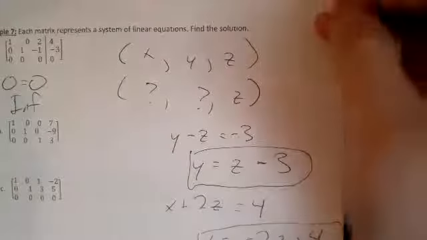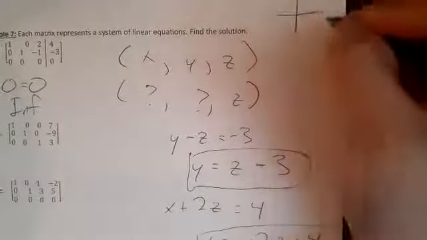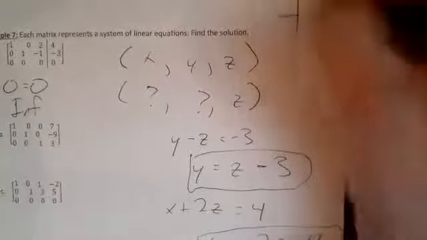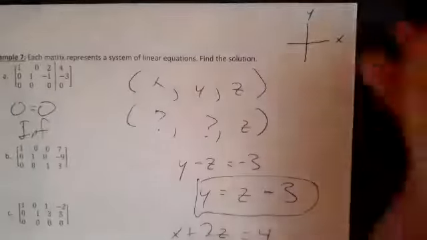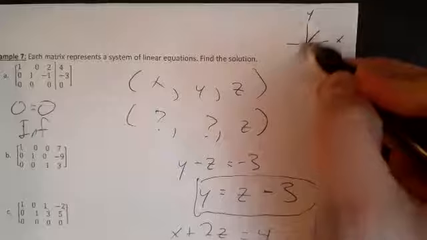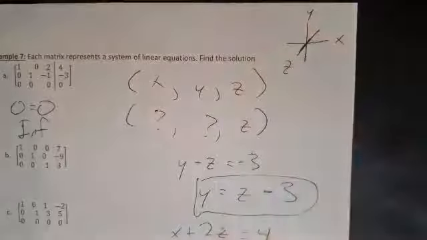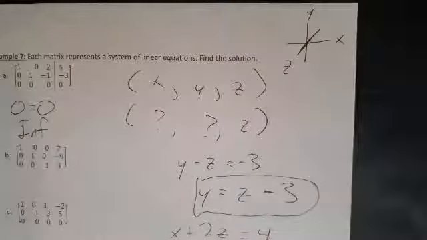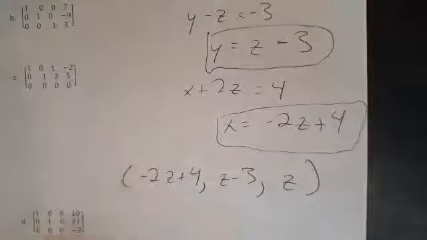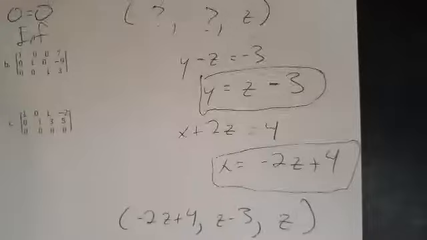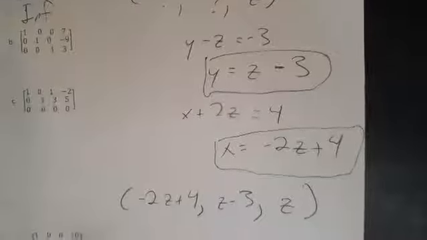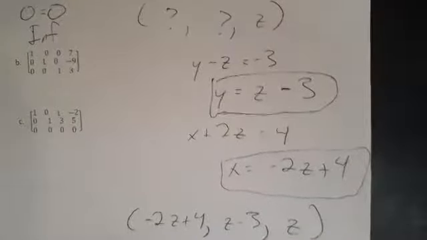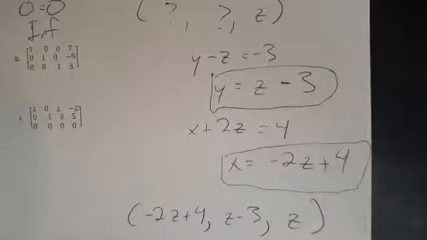What's in my brain is an x and a y, and then maybe a z coming in and out of the board. My question is, if z can be any number, it's any number on that line.